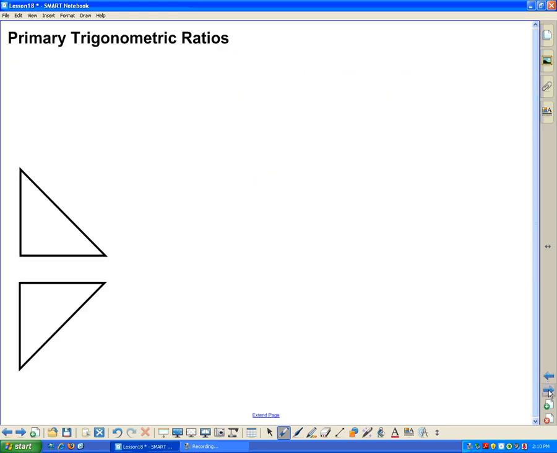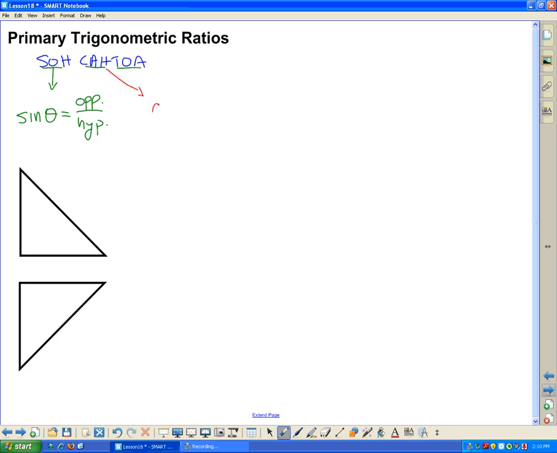Next, I want to talk about the primary trig ratios. So your primary trig ratios, we always teach you SOHCAHTOA in your grade 10, and each of those three letters is really an acronym for us. All right, so the SO part of this tells us that sine theta, so sine of an angle, is equal to opposite over hypotenuse.